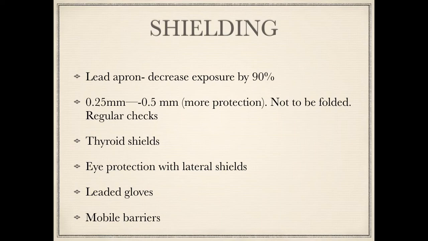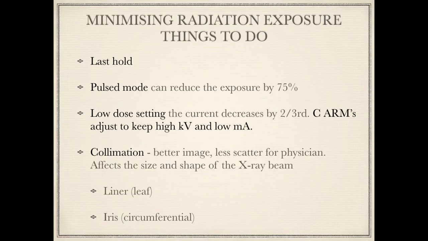Mobile barriers are used in specific scenarios where there's lots of continuous exposure, such as an angio suite, or where a regular radiology procedure is being done and the exposure is too much. You can go and stand behind the mobile barrier and shield yourself more from the radiation in the room.